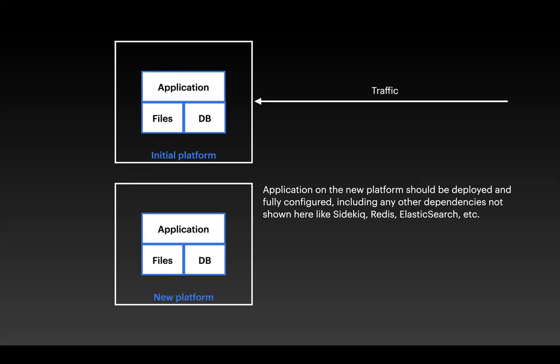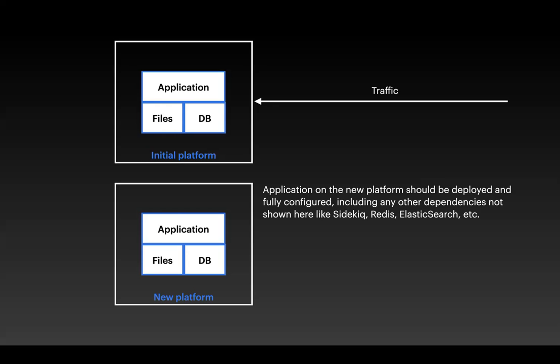So the first thing you do is you duplicate the setup on the new platform, right? Let's take, for example, DigitalOcean or Heroku. Let's take Heroku because a lot of Rails developers are familiar with Heroku. So let's say you migrate to Heroku, right?